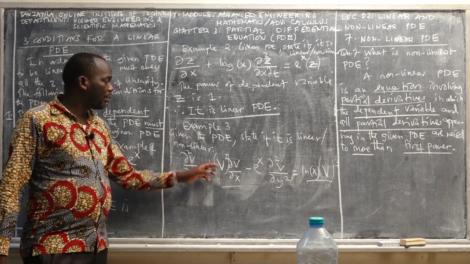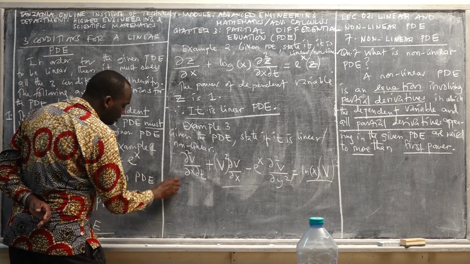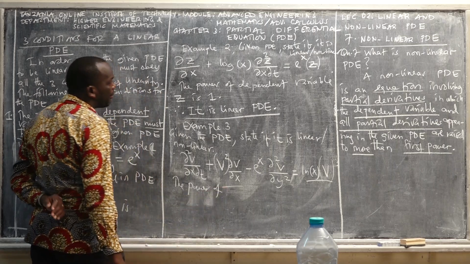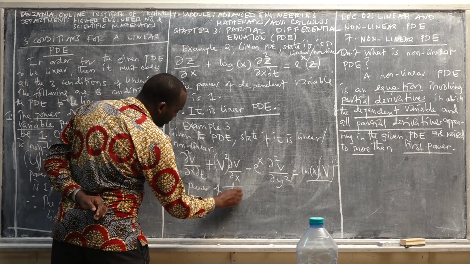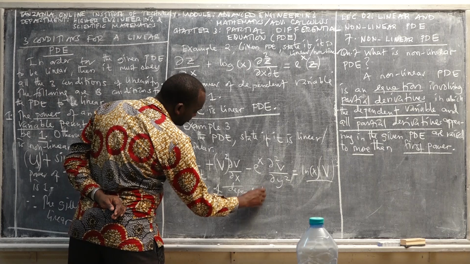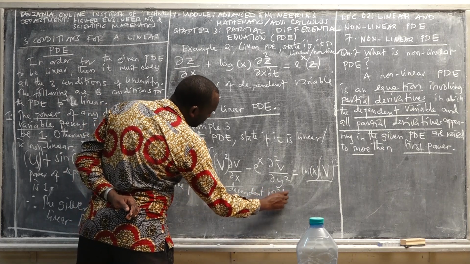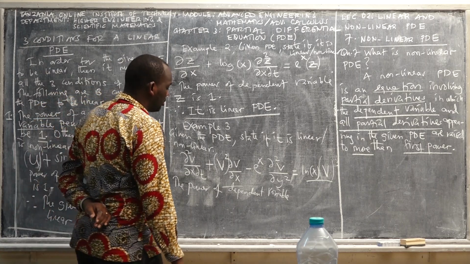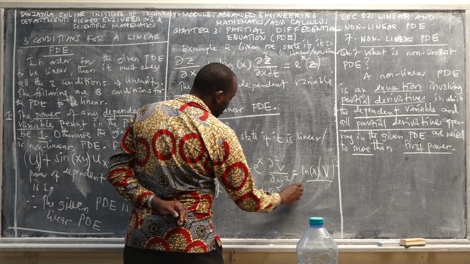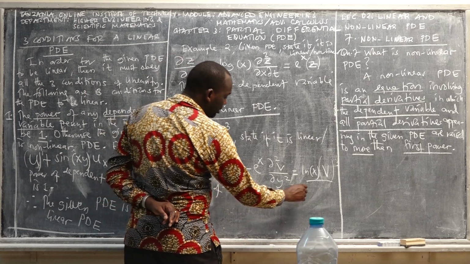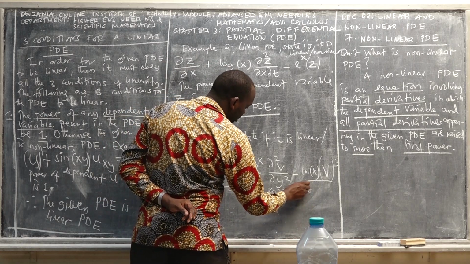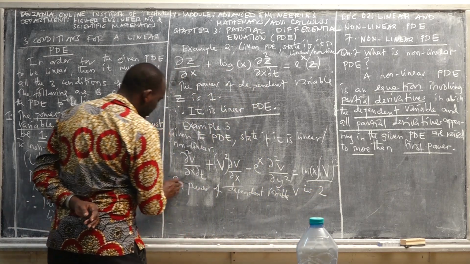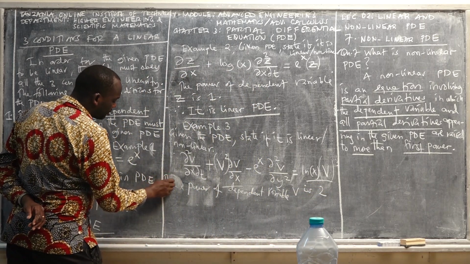So for this case, we say that the power of dependent variable v is 2, the highest power.